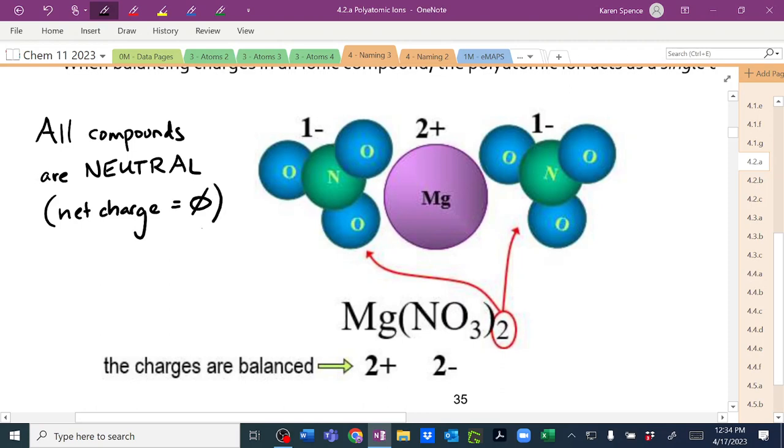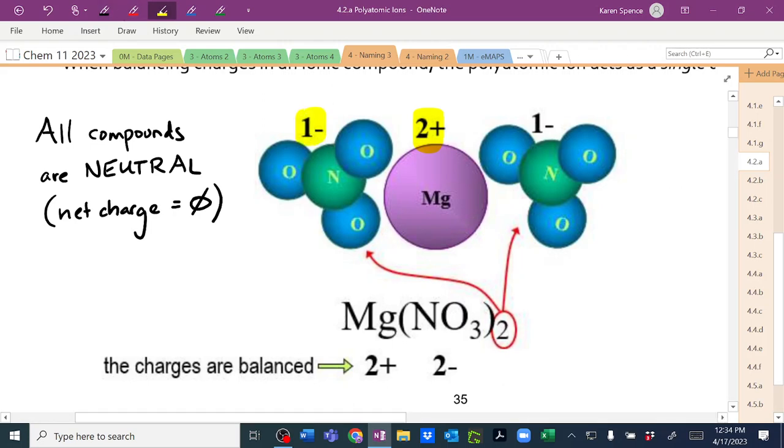And you can see that here we have a 2+ charge on the magnesium because magnesium is in group 2. So if you're in group 2, how many valence electrons do you have? 2, which means when they form an ion, they lose 2 electrons and they become 2 positive. Okay.